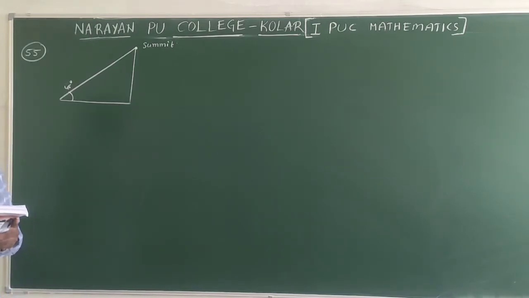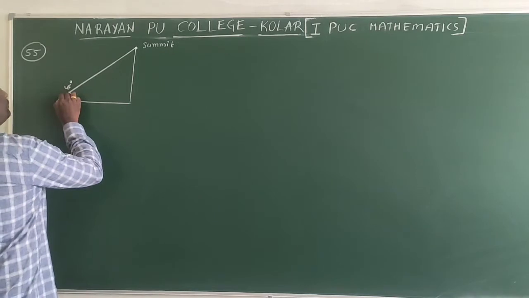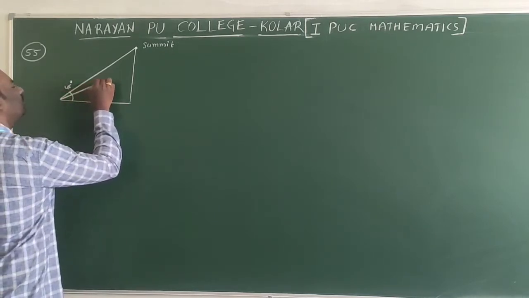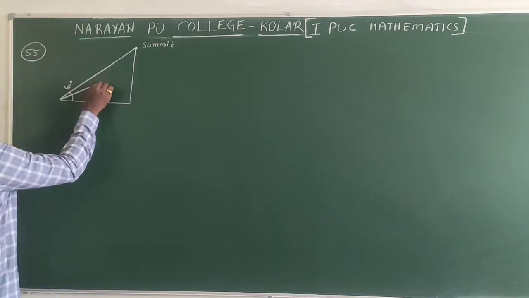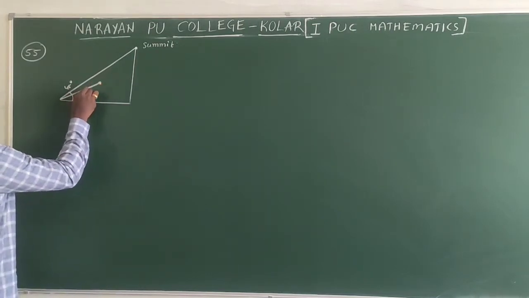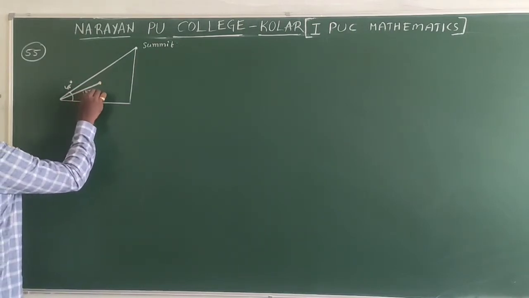After ascending 1000 meters towards the mountain up a slope of inclination 30 degrees. If he travels 1000 meters, but here the answer is given in kilometers, I can take 1 kilometer.